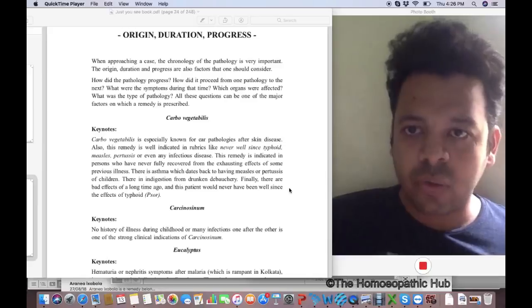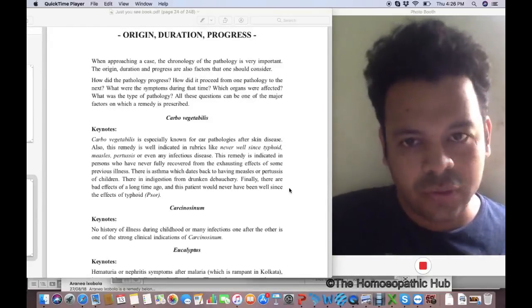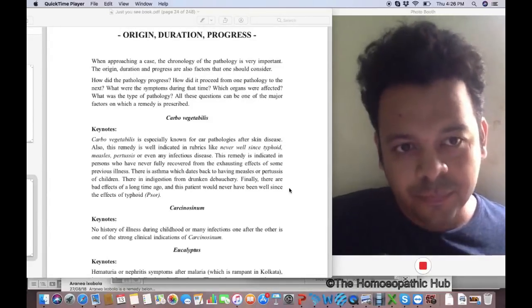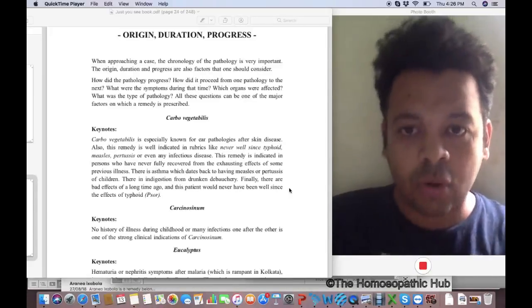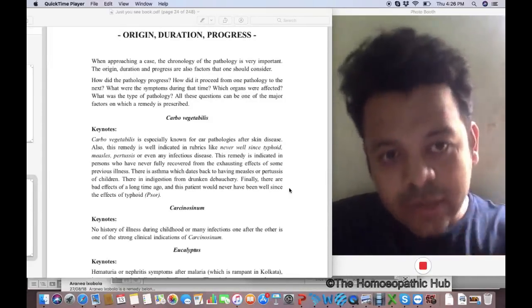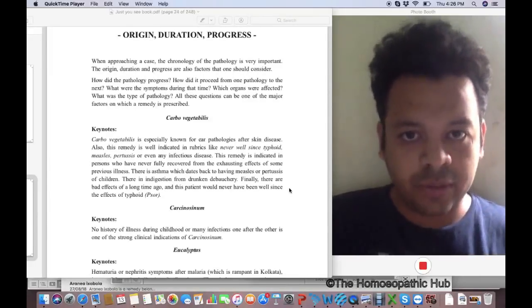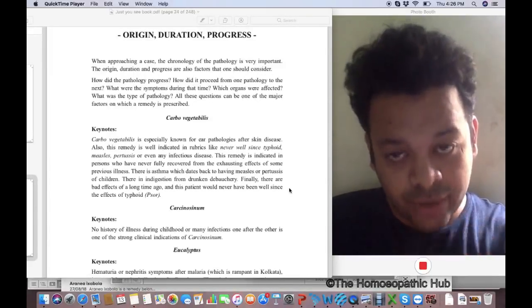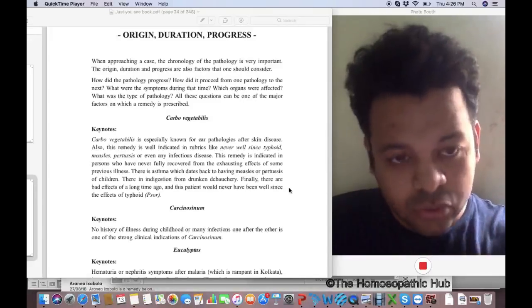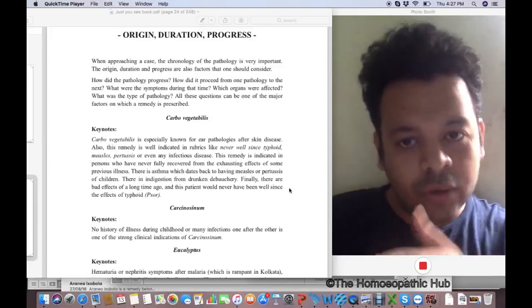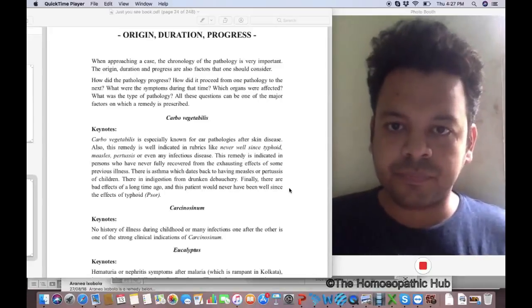So the things that I often look at is what is the pathology? How did it start? What happened before the pathology started? What were the initial symptoms? Which organs were affected? What happened after those organs got affected? And what is the sequence of events?